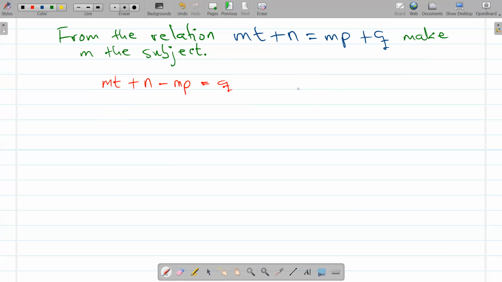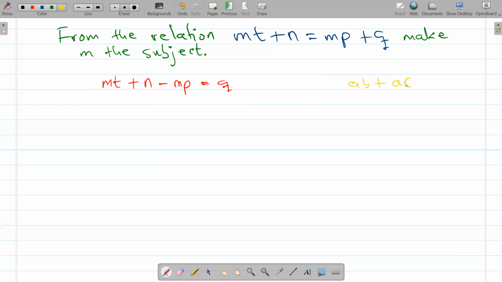If you have something like AB plus AC, and you want to make A stand alone, A is attached to another letter here. What you have to apply here is factorization. You look for common factors on both sides.